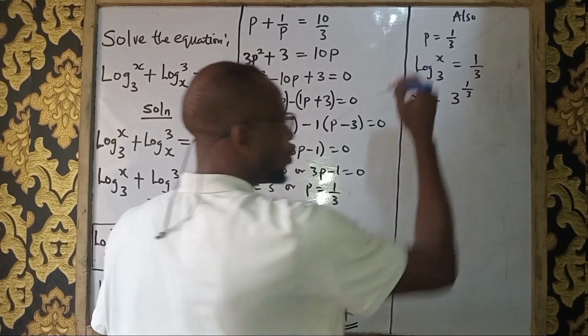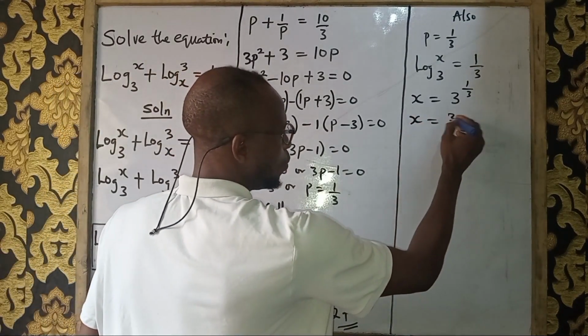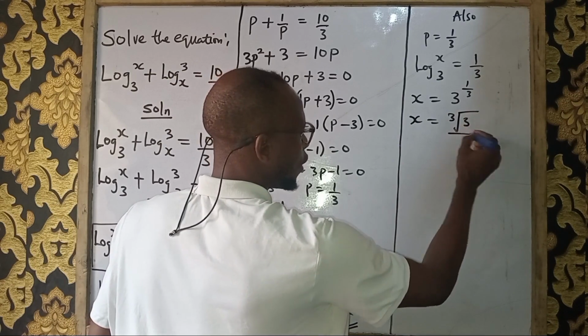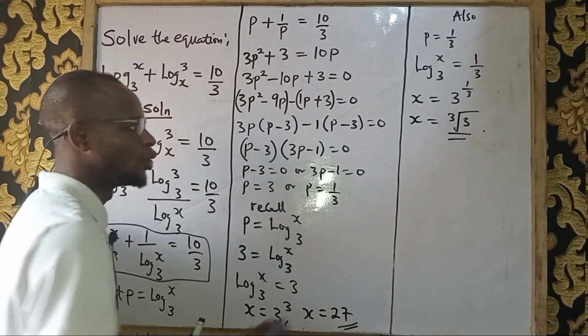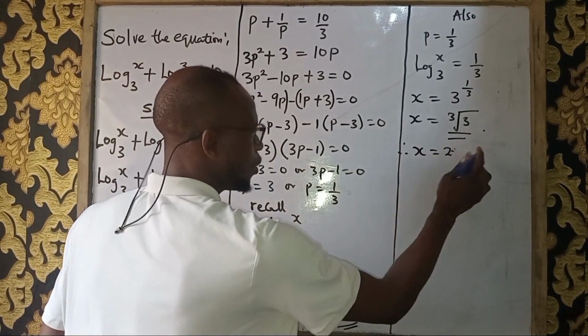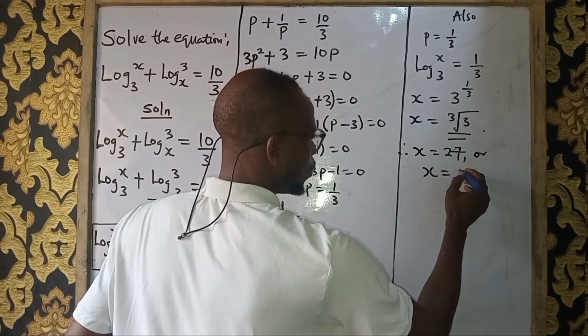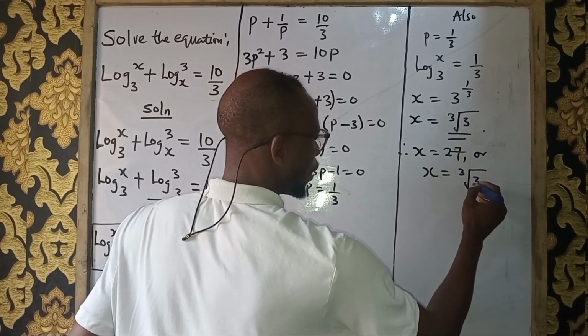This is an expression of indices, so it can also be written as x equals cube root of 3. And that is the final answer to that problem. So therefore, x is equal to 27, or x is equal to cube root of 3.